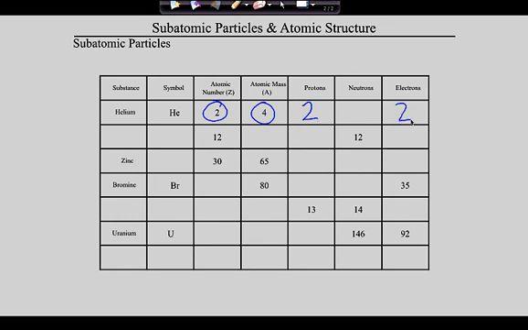Electrons. Then, guys, the next thing that we need to do is neutrons. Protons and neutrons are not the same, but to find the number of neutrons, it's atomic mass minus atomic number. 4 minus 2 is 2.